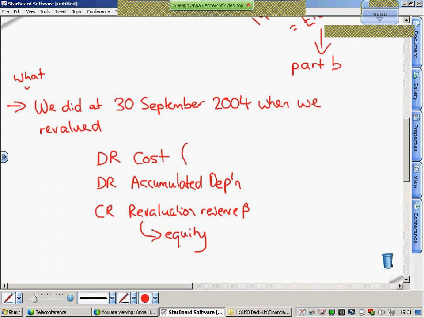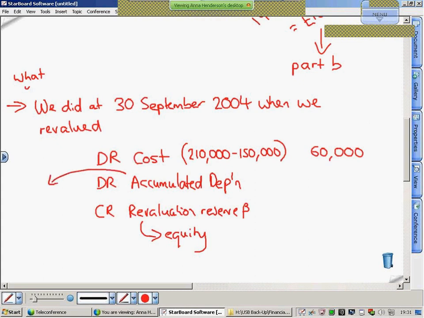So, cost from 150,000 to 210,000. So we would have debited by 60,000. We need to work out how much accumulated depreciation we had at the 30th of September 2004.